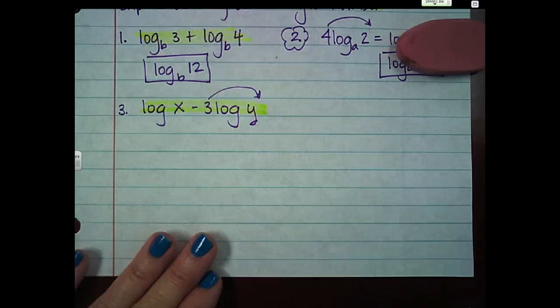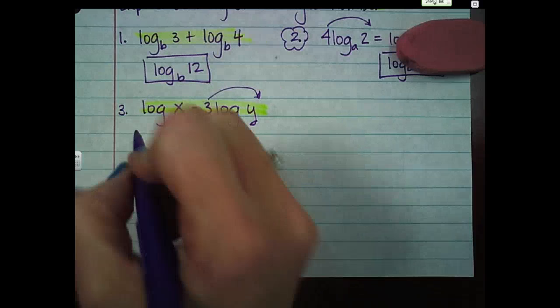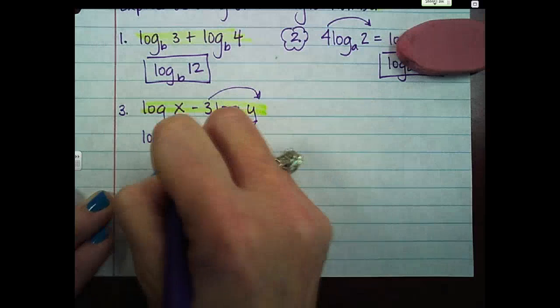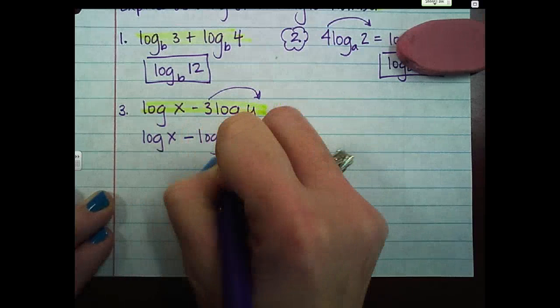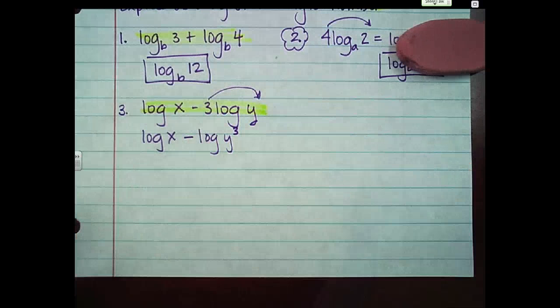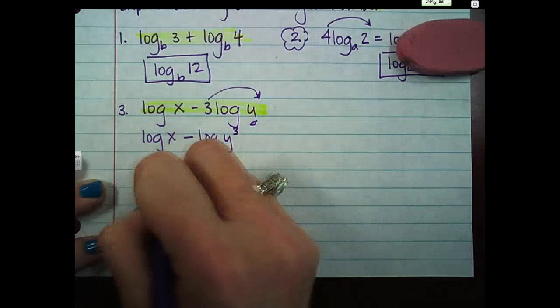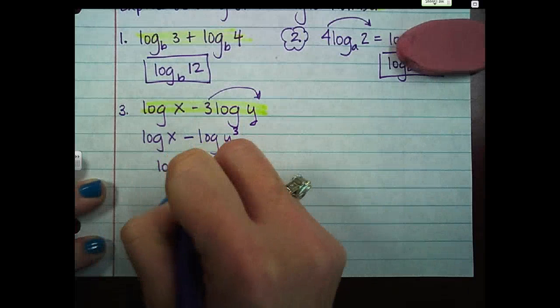The step I'm going to write right now, you don't have to write every time, but because it's notes, I'm just going to write it for you. This becomes log x minus log y cubed. And since it's minus, we're going to divide. And remember, the first number belongs in the numerator. So what you really have is log x over y cubed.